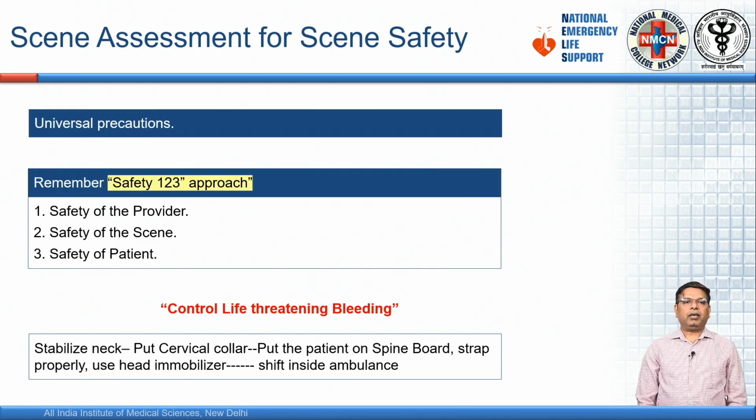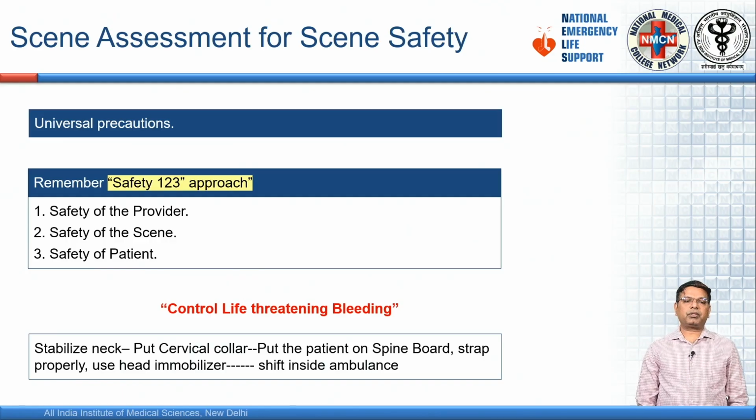Safety. Always remember that whenever you approach an injured victim, it is highly likely that you will meet blood, vomitus and so on. So universal precaution is always important. Coming to safety, you must remember you have to save 1, 2, 3. One is you, the provider. Second is whether the scene is safe to intervene, yes or no. And your patient or victim should also be taken care of for safety.